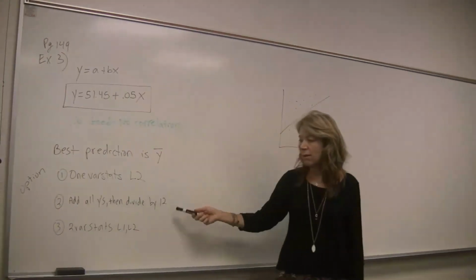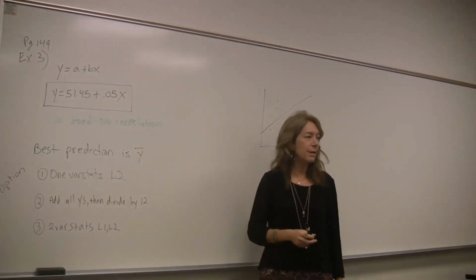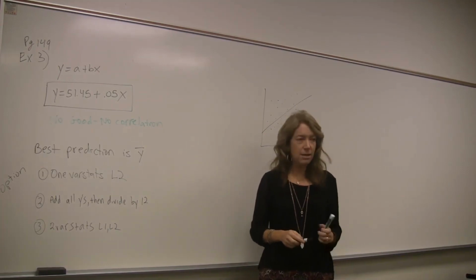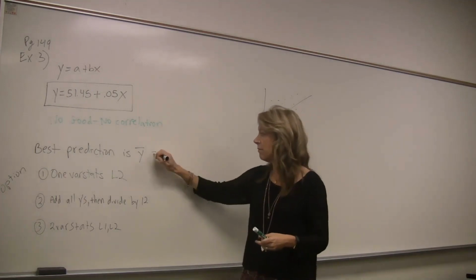Any question about the three ways of finding your y bar? I'm hoping you found it at least one of these three ways. What did we get? 100.08. 100.08? We agree with her?